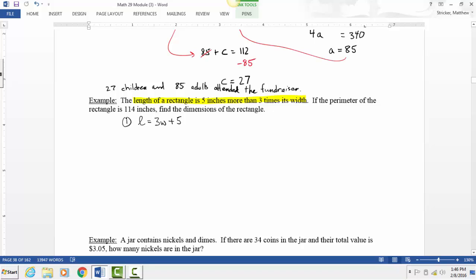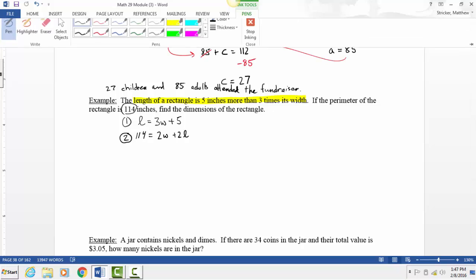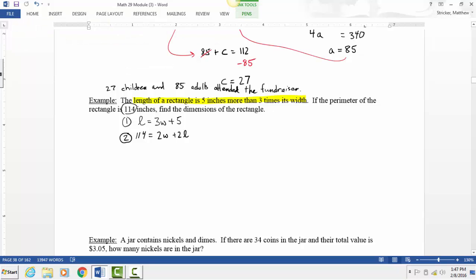It says the perimeter of the rectangle is 114 inches. Well, we know with rectangles that perimeter is equal to 2w plus 2l, and in this case it told us the total perimeter was 114. So we have our two equations. Which method is going to be best here? Well, how about we just substitute?